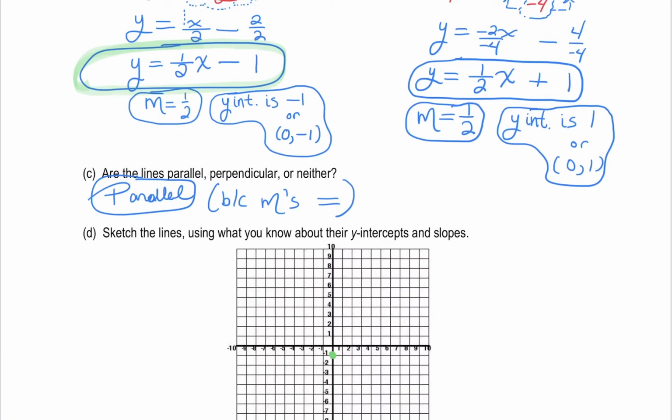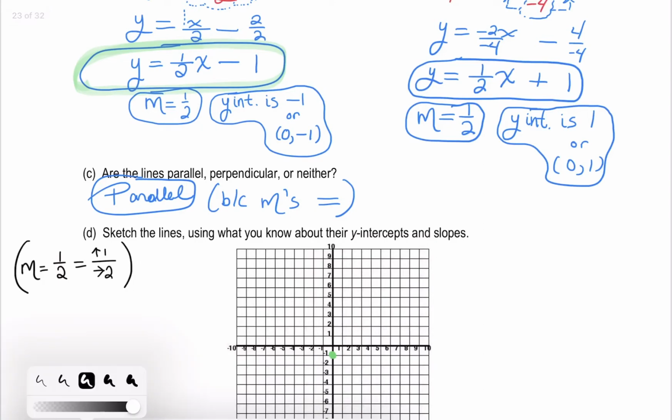And now think about what we know about slope. For either of these lines, and we did this in the last section, slope is rise over run. So from any point on the line, I can go up 1 and to the right 2. So from my y-intercept of -1, I'm going to go up 1 and to the right 2. And I could continue to go up 1 and to the right 2.